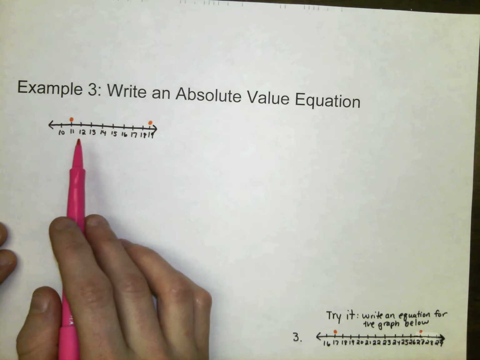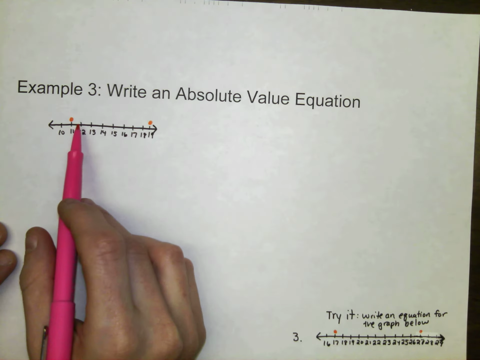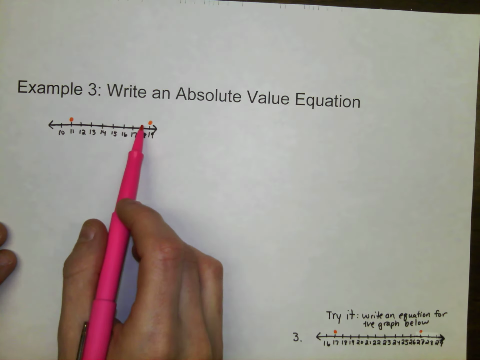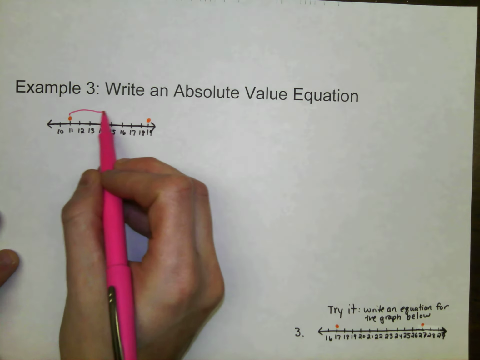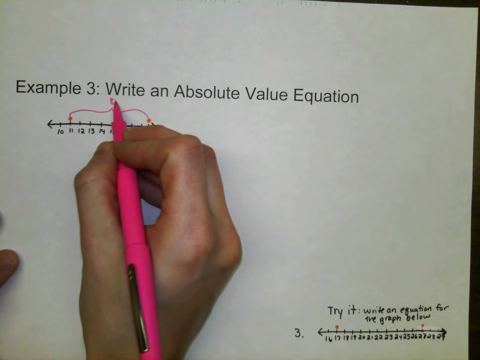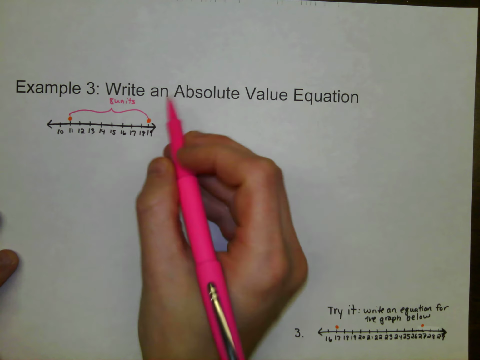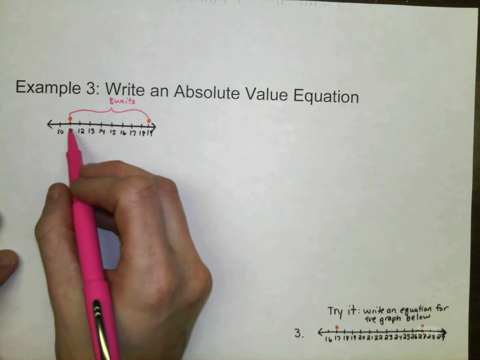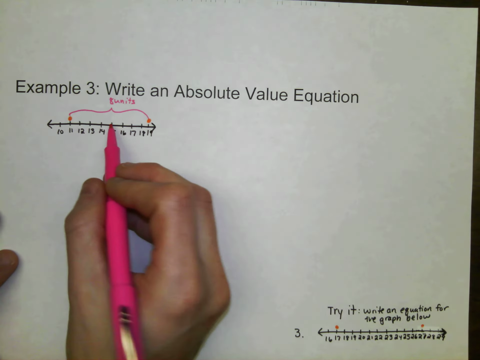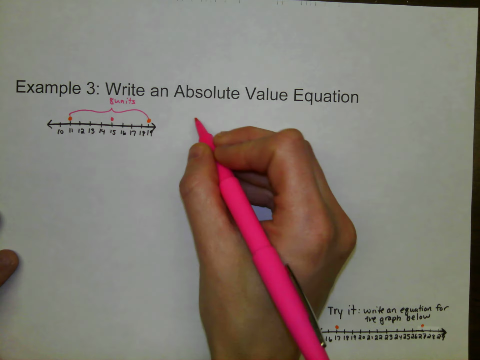We need to find the midpoint. So in this case, we have 1, 2, 3, 4, 5, 6, 7, 8, 8 units in between them. So half of that is 4. So we want to go 1, 2, 3, 4. 15 is the midpoint.